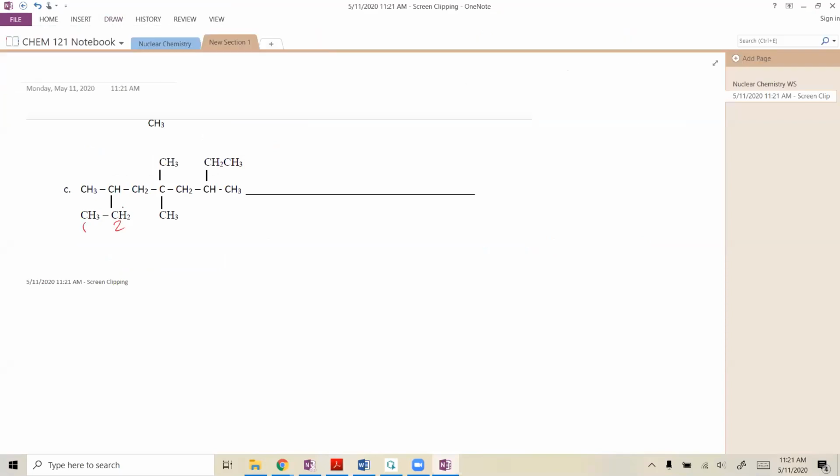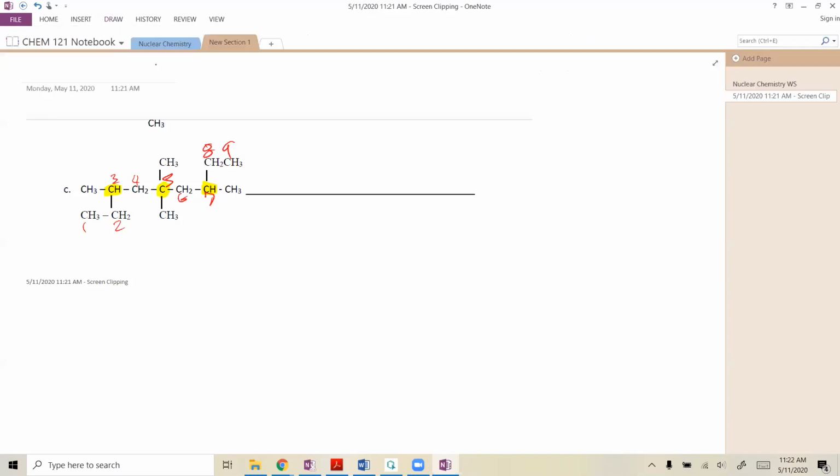This became our 1, 2, 3, 4, 5, 6, 7, 8. Oh, sorry, I missed one. 5, 6, 7, 8, 9. Now, it doesn't really matter whether we numbered from the left to the right or the right to the left, because they both started off the same, right? Our carbon 3 is going to be the first time that we have a connection. Right, so it didn't really matter which one we started with. And carbon 5 happens to be right in the middle, so it doesn't really change things, whether we go from left to right or right to left.